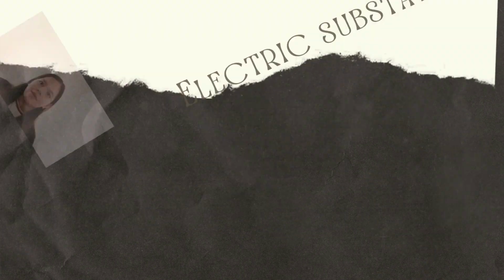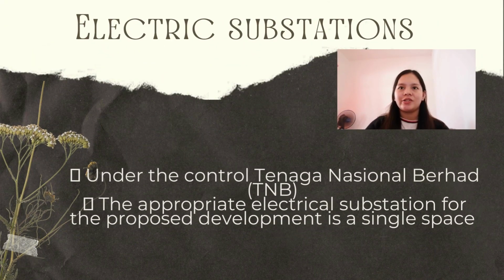So next is electric substation. The substation is under the control of the Tenaga Nasional Berhad, TNB. So according to the Electricity Supply Application Handbook and the Electrical Substation Design Standard Handbook, the apparent electrical substation for the proposed development is a single space.